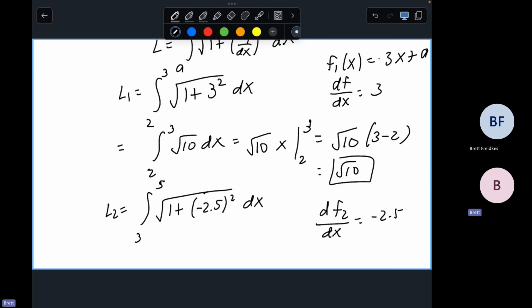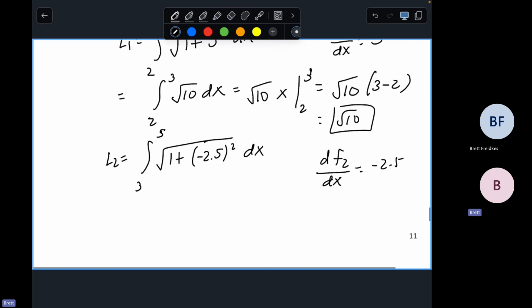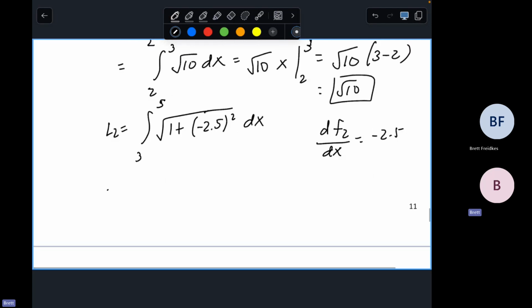Is that right? Did I do that right? That doesn't seem right. 25 over 4, not 10 over 4, 25 over 4. dx, which is the same thing.